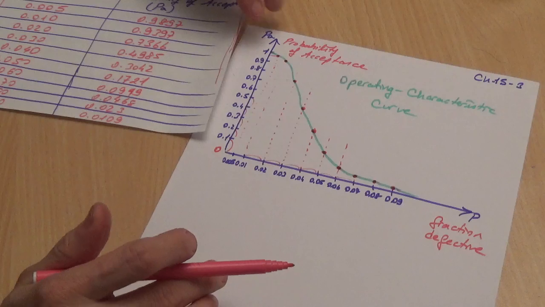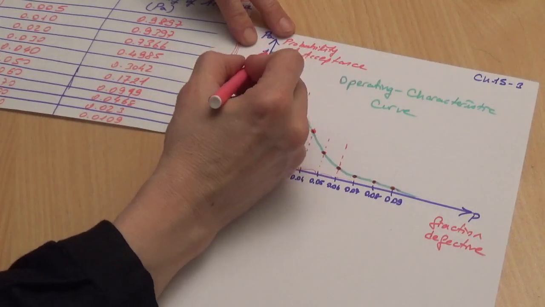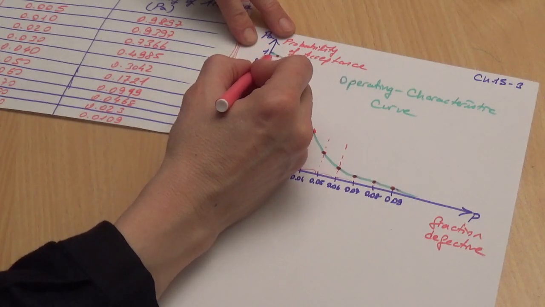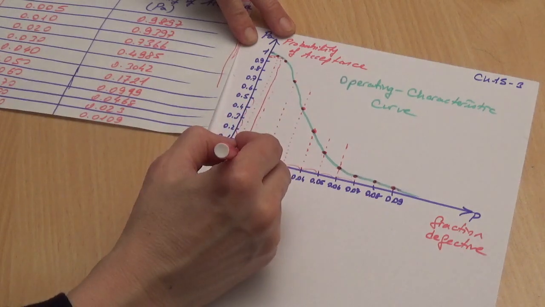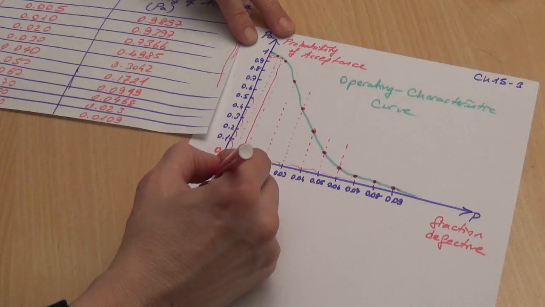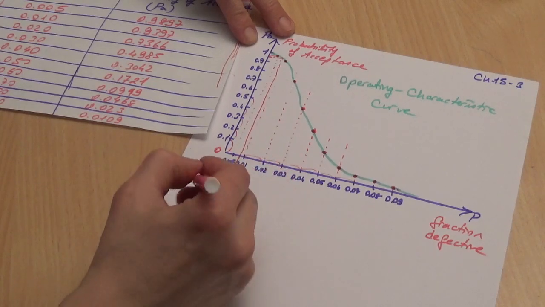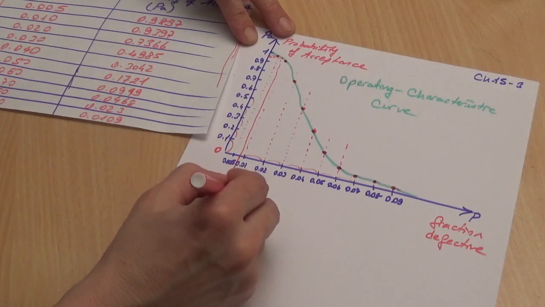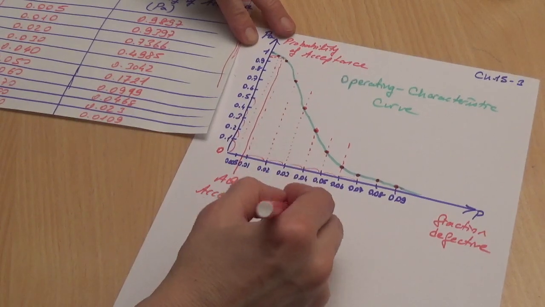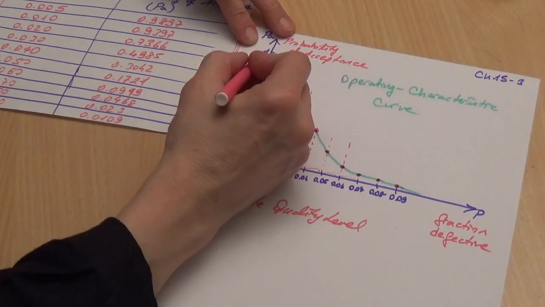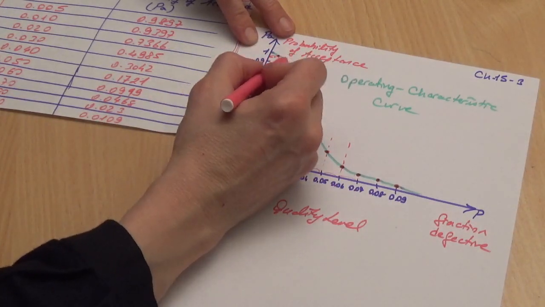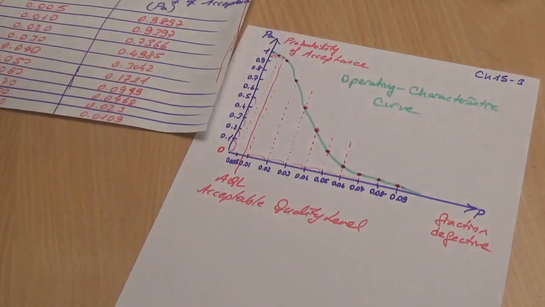So for this curve, for example, for 95 percent acceptable, 0.95, we say that this value here in between is the acceptable quality level. This is actually related to the risk, which is alpha equals 0.05.